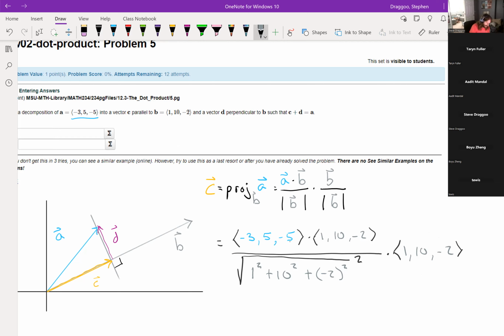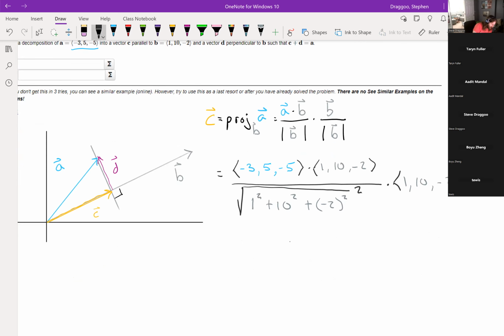Then we just need to simplify that mess a bit. Let's see, up top, we're going to get -3 plus 50 plus 10 divided by the bottom. Well, I've got the square root squared, so I don't need to worry about that anymore.